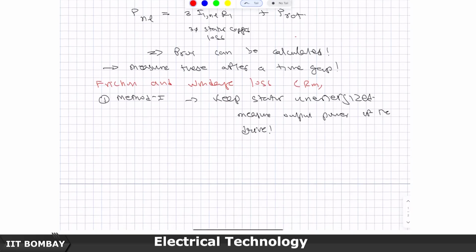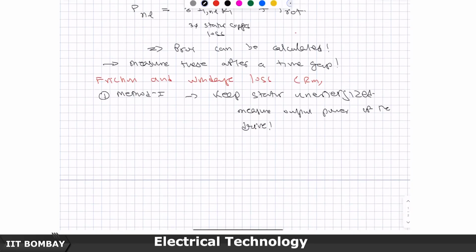So, P rot, which was written earlier, is actually P rot true plus core losses.